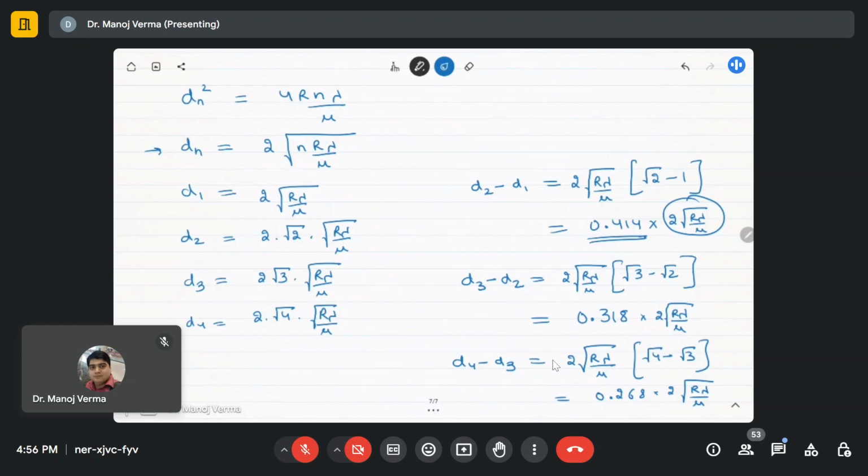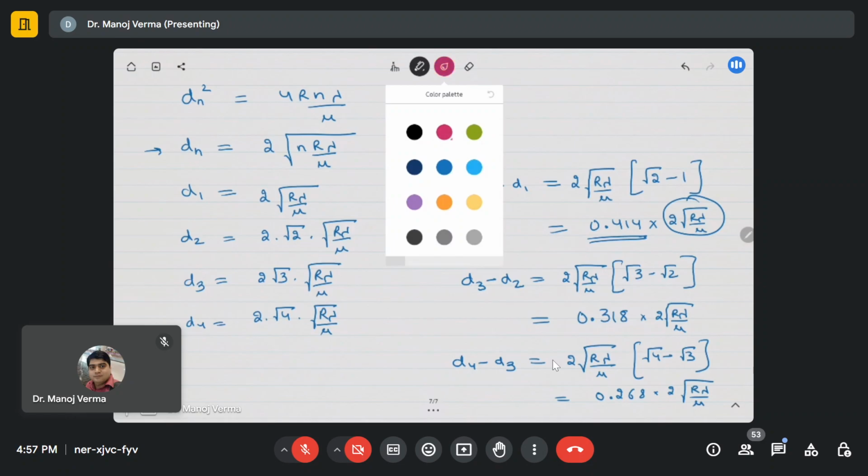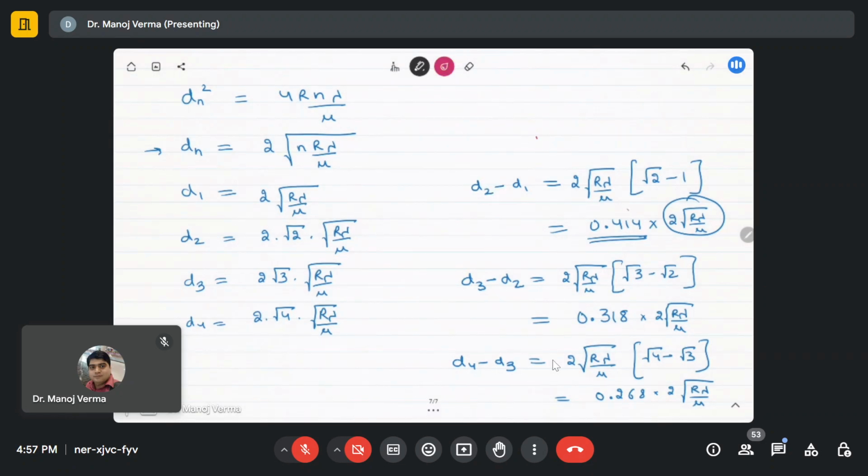Now you can see that as we go to higher order interference, the difference between these dark fringes, D2 minus D1, D3 minus D2 and D4 minus D3, is decreasing.